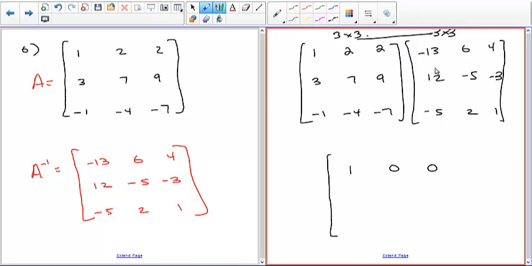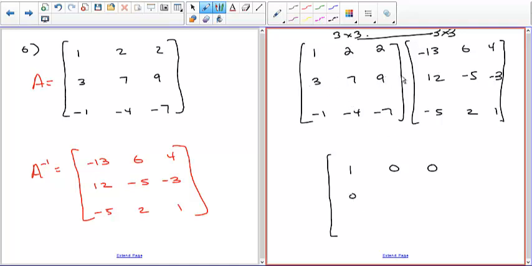So what we'll do is 3 times negative 13 plus 7 times 12 plus 9 times negative 5. That should come out to be, oh, must have done something wrong here. Yeah, I did. I didn't fix my calculator. 0. So that comes out to be 0.